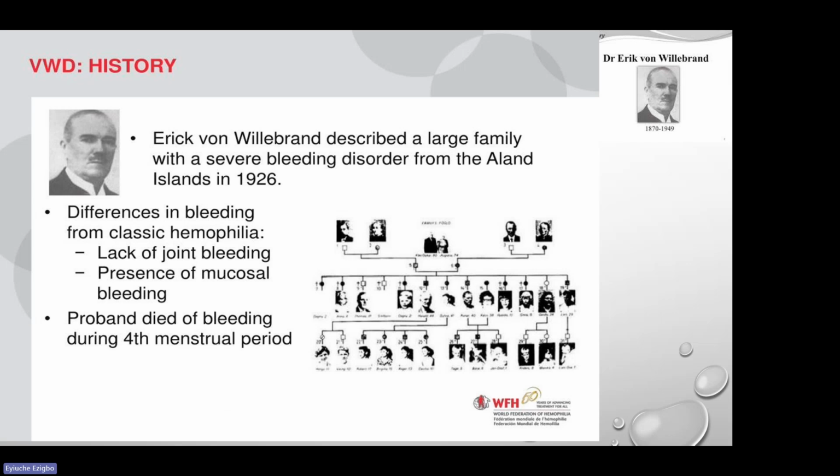Historically, von Willebrand disease was first reported by Eric von Willebrand, who described a large family with a severe bleeding disorder from the island in 1926. He was able to establish some differences between what he observed and what they have been used to, or what they have also observed with those with hemophilia.